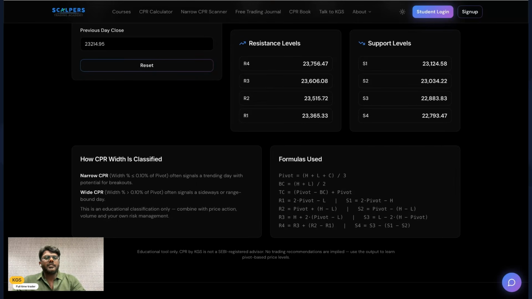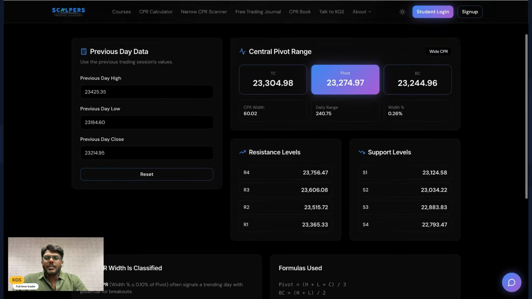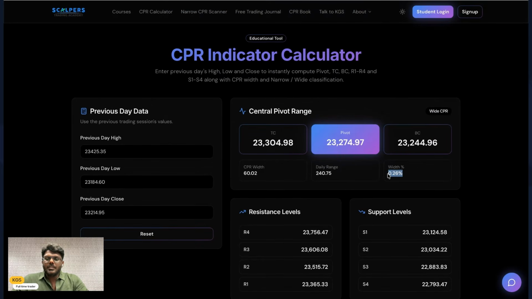And there is a CPR width classification. Over here, you can see the CPR width. If it is less than 0.1 percentage, then it is going to be a narrow CPR. If it is above 0.2 percentage, it is going to be a wide CPR. And in between 0.1 percentage and 0.2 percentage, it is going to be a medium size CPR.